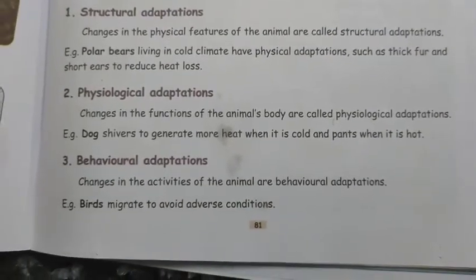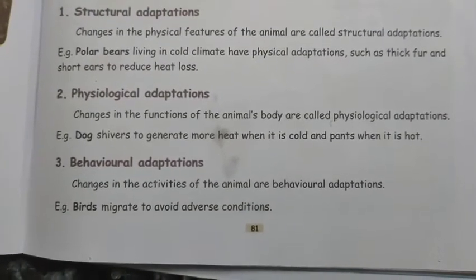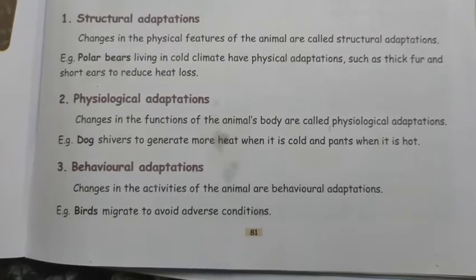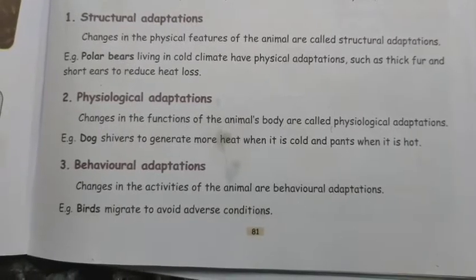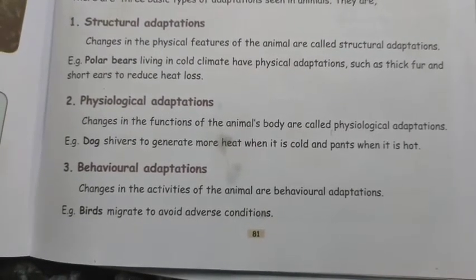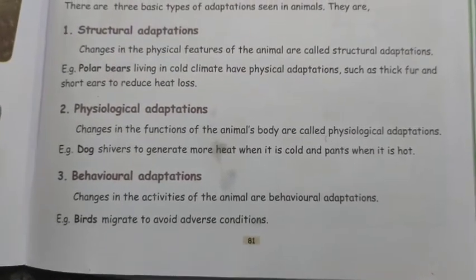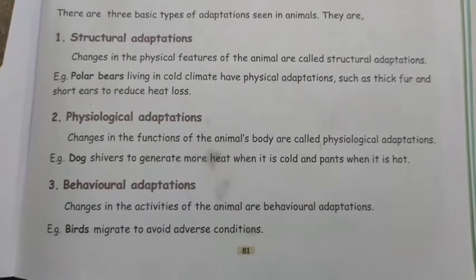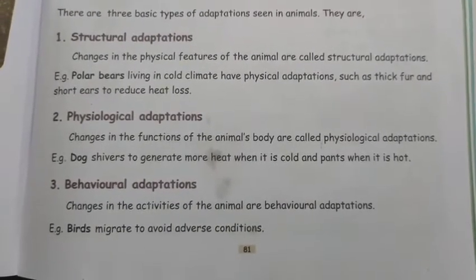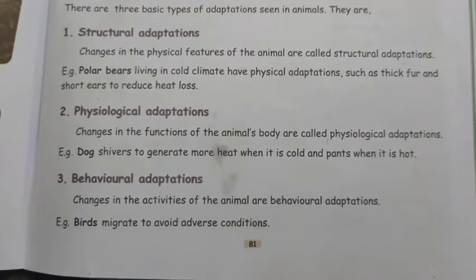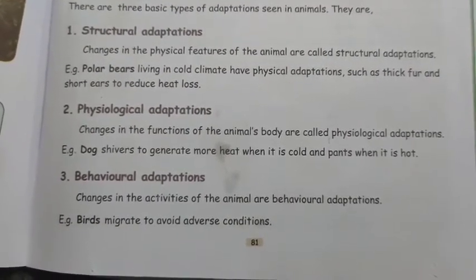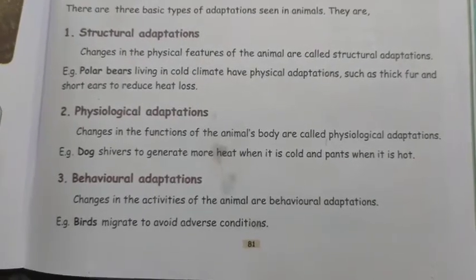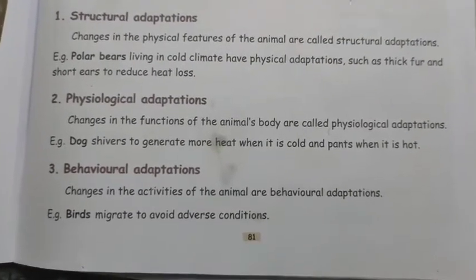And the second one, physiological adaptations. Changes in the functions of the animal's body are called physiological adaptation. For example, a dog shivers to generate more heat when it is cold and pants when it is hot. So if any changes occur in the functions of the animal's body, these types of adaptations are known as physiological adaptations.